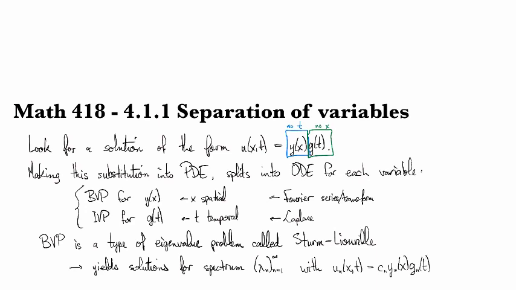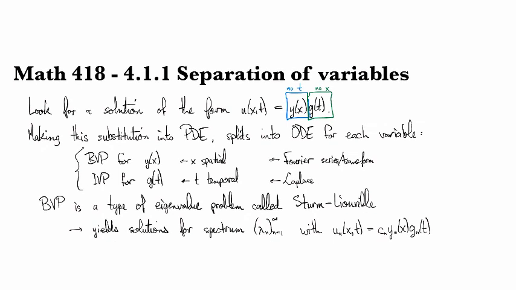And so then by superposition, the general form of the solution will be some infinite series of all of these guys.